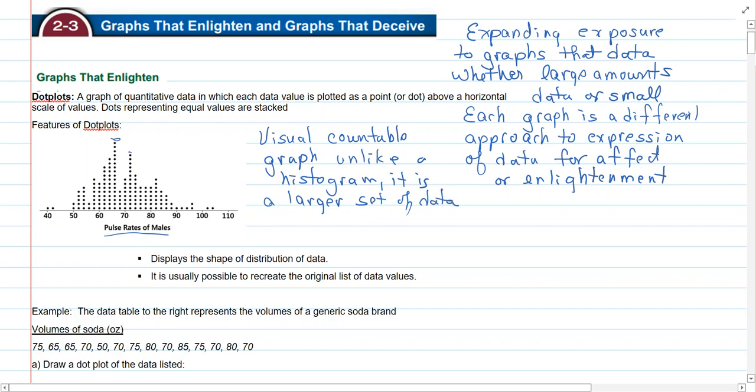By being a larger set of data, you can analyze more intuitively, rather than each individual.